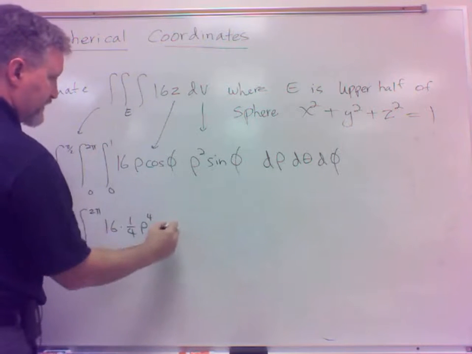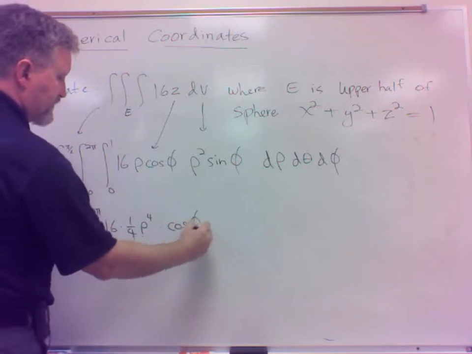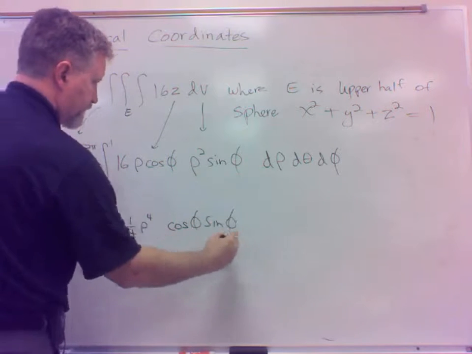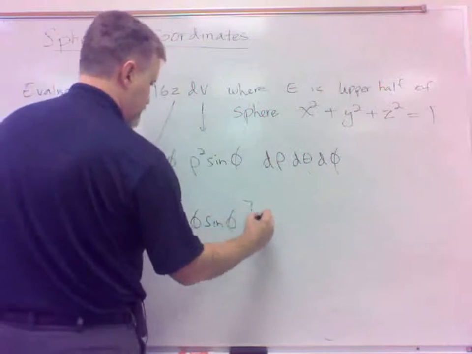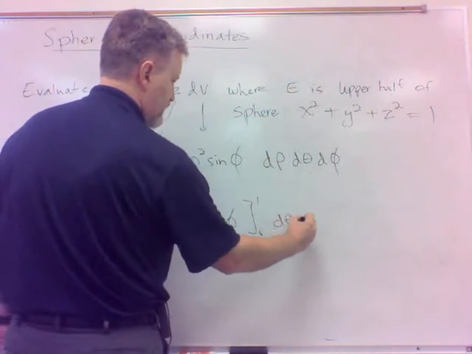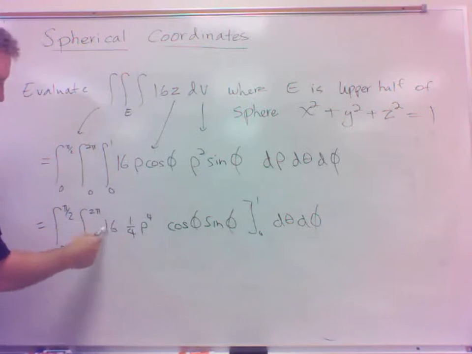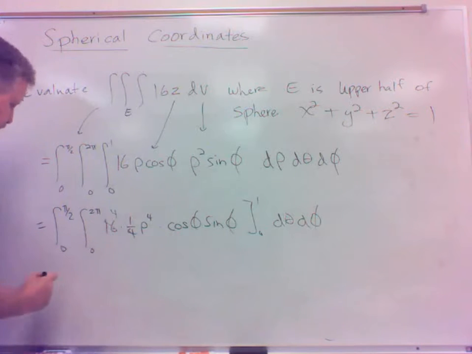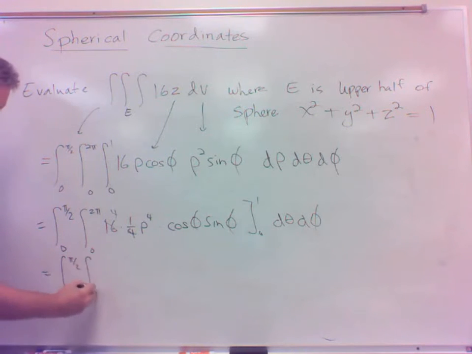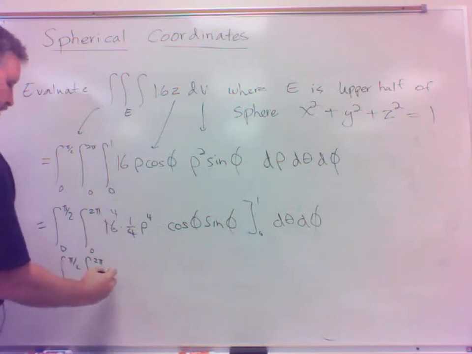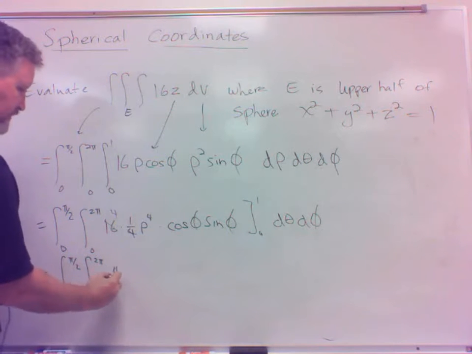Times cosine phi sine phi. And that's going from 0 to 1 for rho, d theta d phi. So we plug in the 1 for rho, you get 1. And that of course reduces to 4. So we have 0 to pi over 2, 0 to 2 pi, and we just have 4.